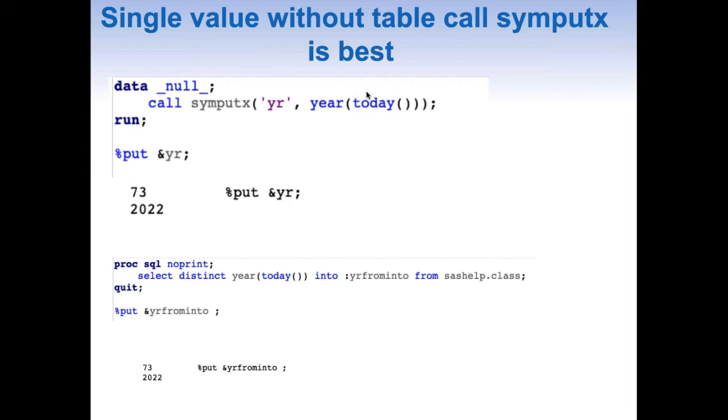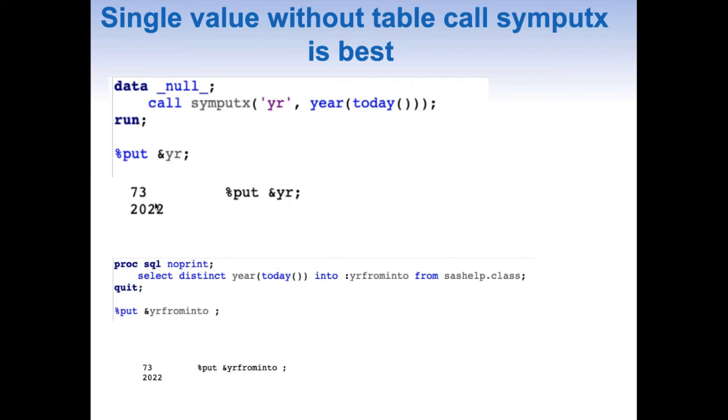As we have provided today's date, the YEAR function will pull the current year, and this current year value will be taken by our macro variable, which means our macro variable will have the value of 2022. And if we do a %put &yr, here you can see that the value is 2022.